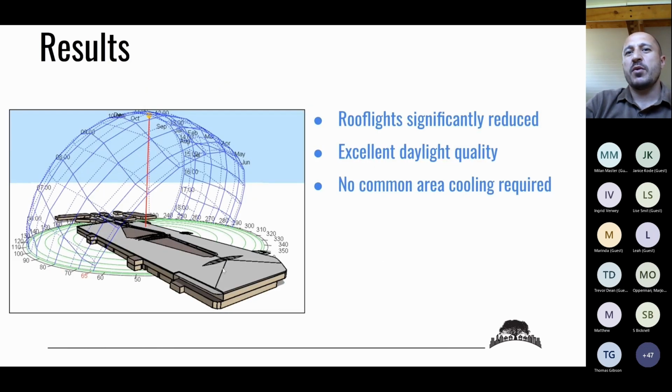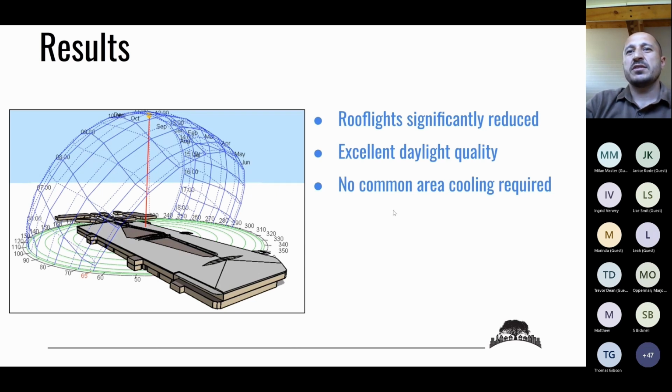So the point here, something I wanted to mention as well, is that everyone always talks about the costs of these things. But massive savings were realized in reducing the extent of those roof lights, still delivering excellent daylight quality, and no common area cooling. We didn't want to get to common area cooling, but there's potential savings there in reducing the cooling plants as well.